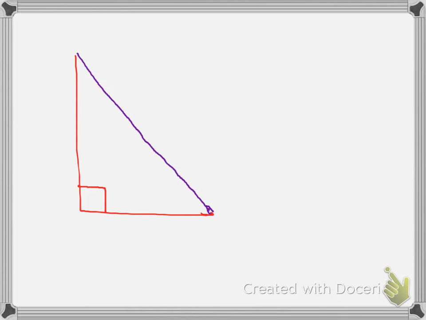Okay, so I formed a triangle now. This triangle has the two sides we started off with, and we refer to this as a right triangle. The red lines that form the right angle are referred to as legs of the right triangle.